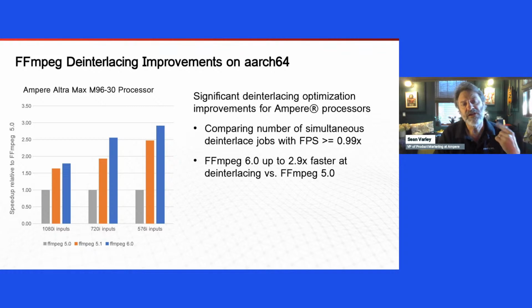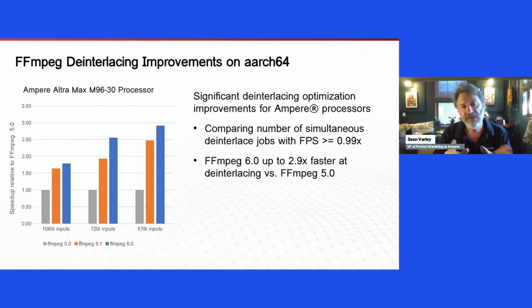Now, let's talk a little bit about deinterlacing that Mark talked about earlier. A couple things to note in the ARM ecosystem, because these are ARM-based cores. We do utilize a number of the improvements that are put out there into the open source industry. In this case, we're looking at FFmpeg. And FFmpeg now has excellent support for the AArch64 architecture, or the ARM architecture.